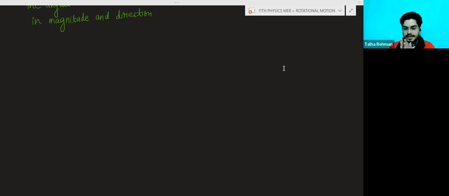One more thing, the body is rotating about a fixed axis.